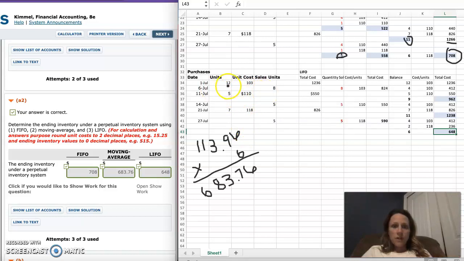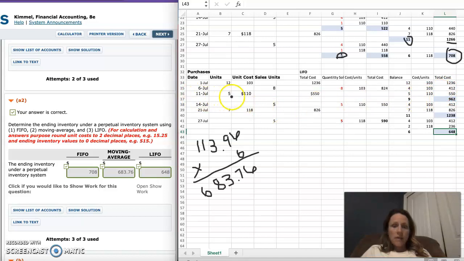So on July 1st, they buy 12 units, of course, and that is that much. So then on July 6th, we sell 8 of those units. So 12 minus 8, we get 4 units left over, and it's taken from what we've purchased. So we have 103, which is the ending balance of 412 total cost.